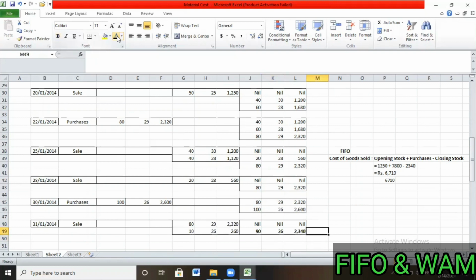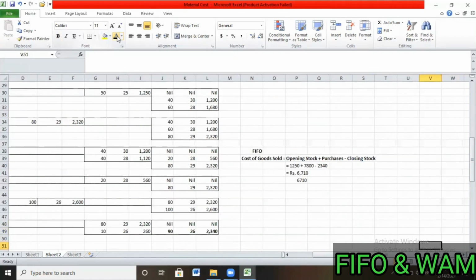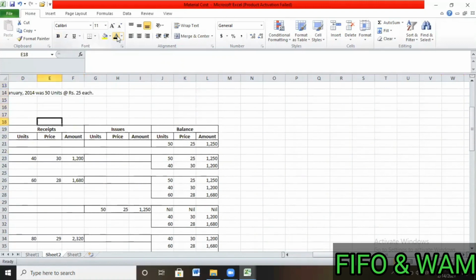So the next concept is cost of goods sold, which we need to calculate with a formula. That formula is: cost of goods sold is equal to opening stock plus purchases minus closing stock. I'll mention this 2340 as your closing stock, and the purchase amount you can add up from the purchases or receipt column.